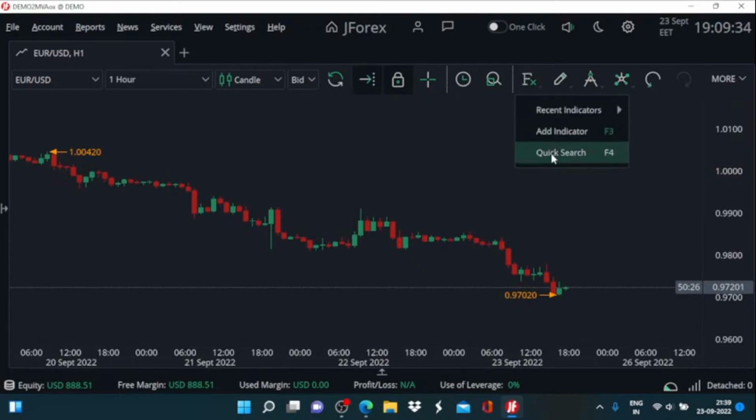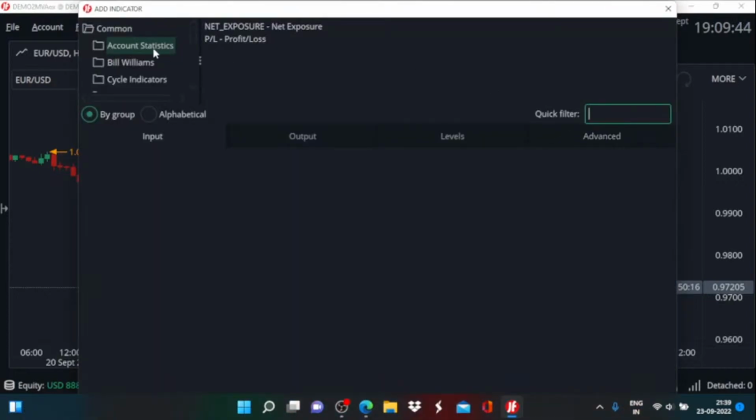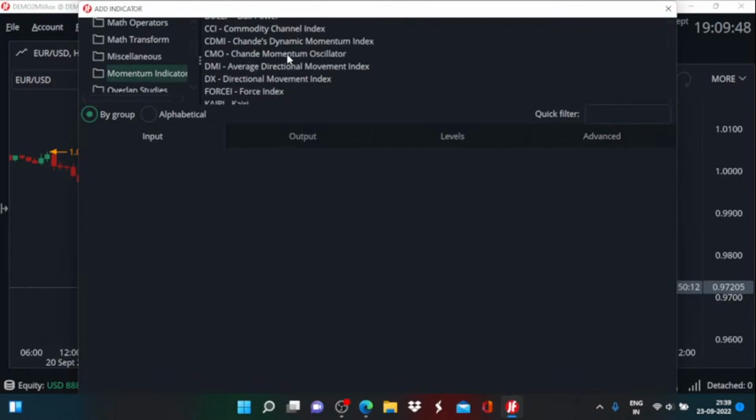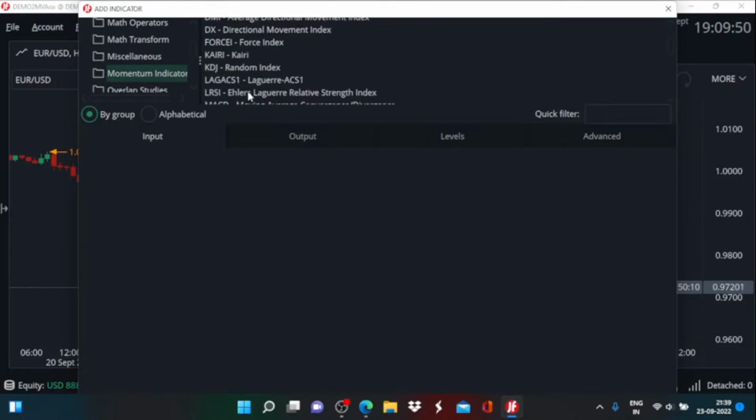And now coming to adding the indicator, you can do it two ways. You can go through the add indicator option where you will find it listed amongst the momentum indicators. So here it is going to be just below Ehlers' relative strength index, which we saw in the last session, MACD.